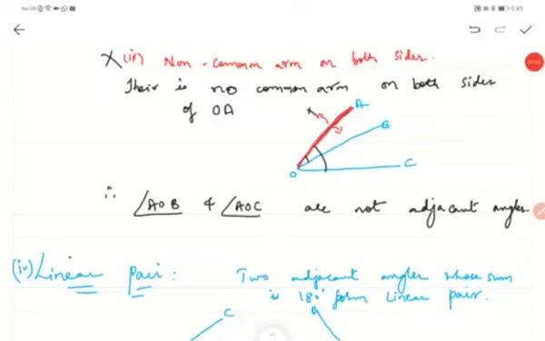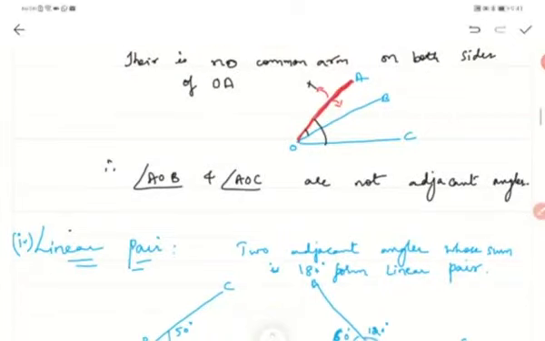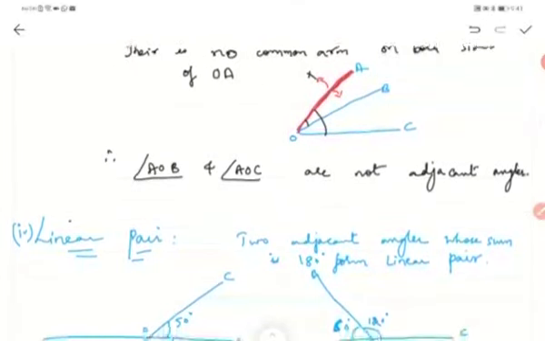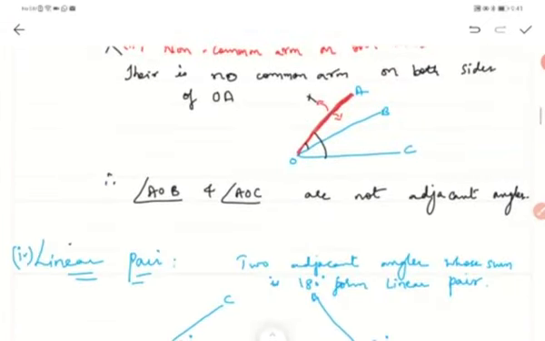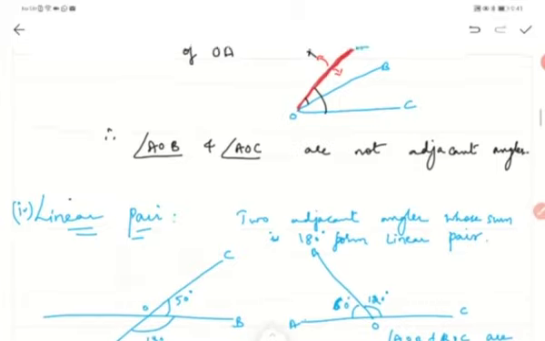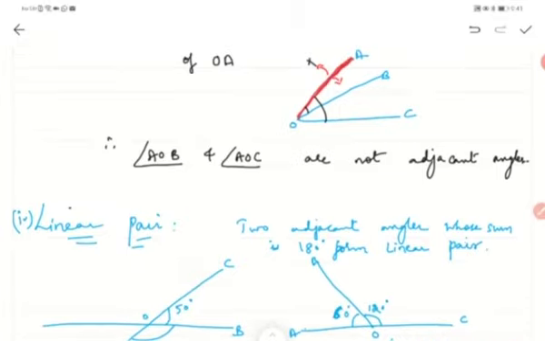Okay, now that you have known about your adjacent angles, the next type of related angle will be your linear pair angles. Okay, first for a linear pair, you need to check the two angles are adjacent. The first condition for a linear pair is that two adjacent angles will be given. If their sum is 180 degrees, they form a linear pair.